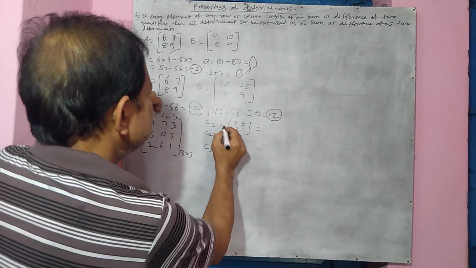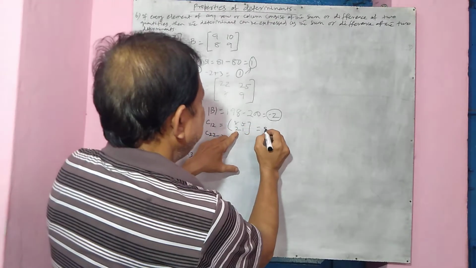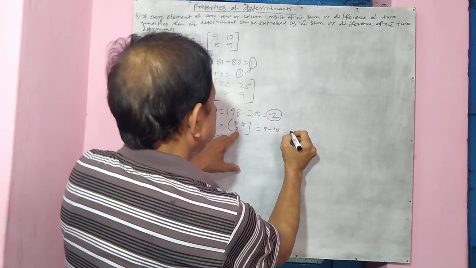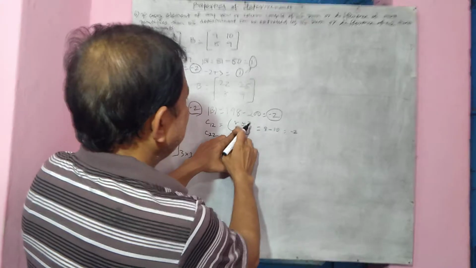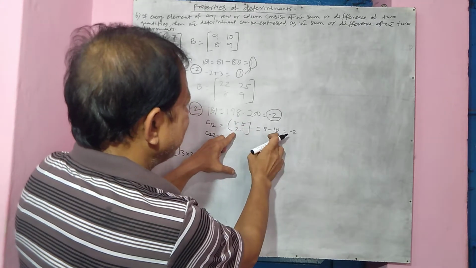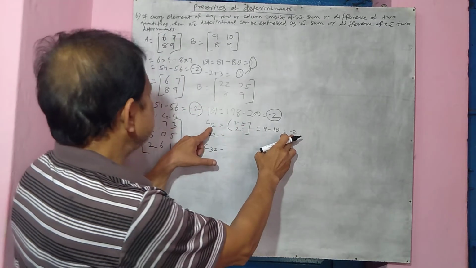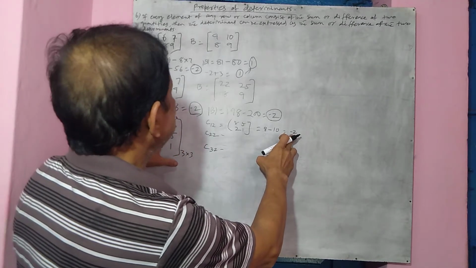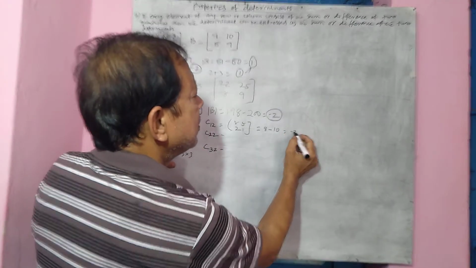That becomes 8 minus 10 is equal to minus 2. But this is first row second column, so this is minus 2.